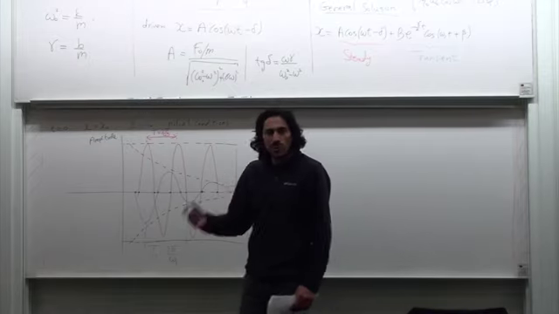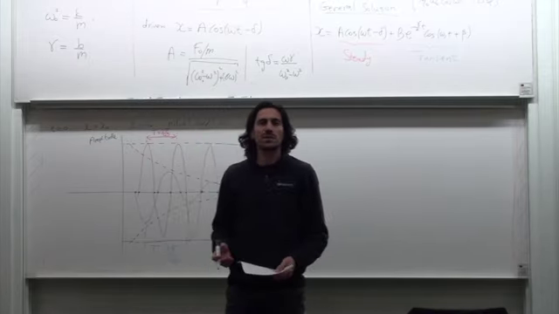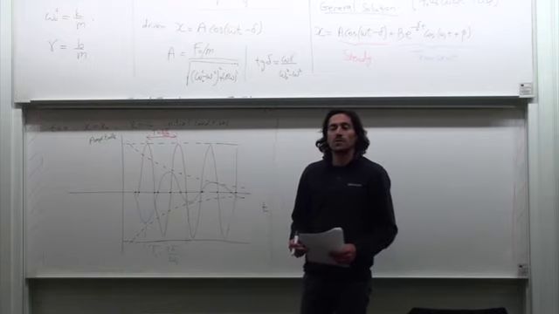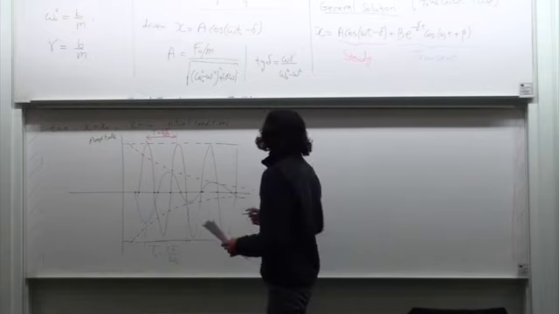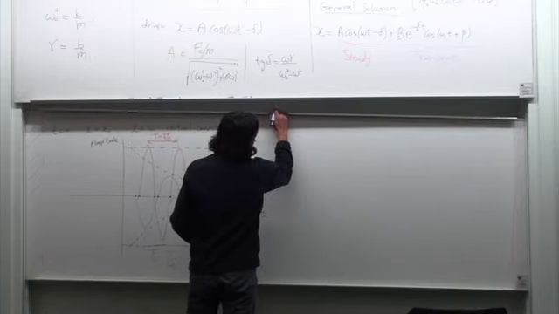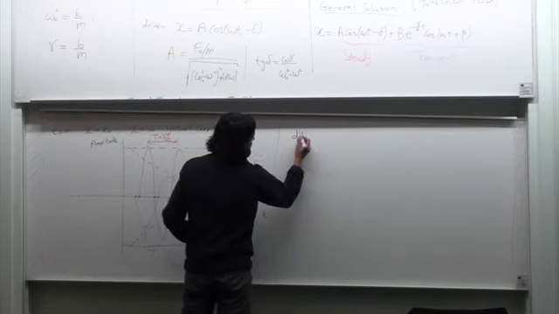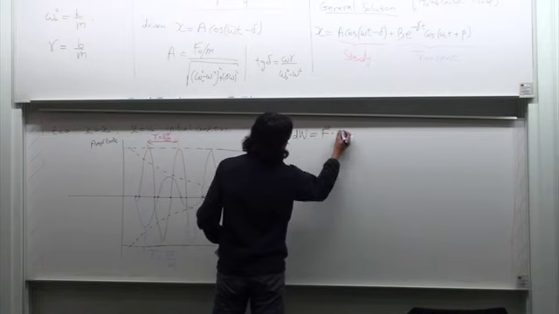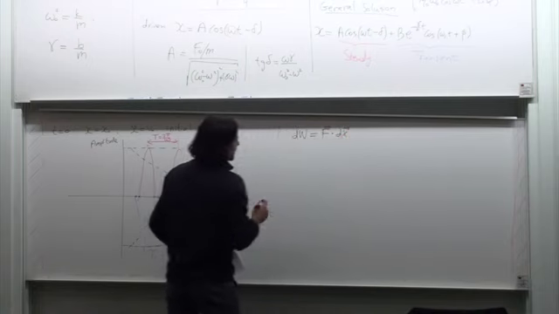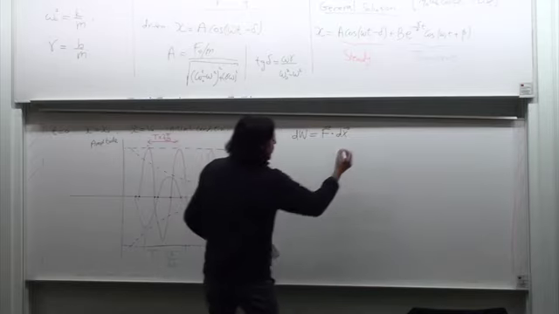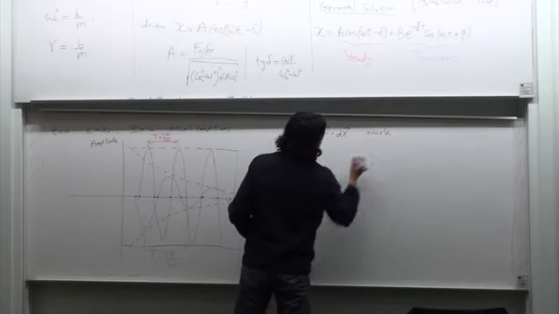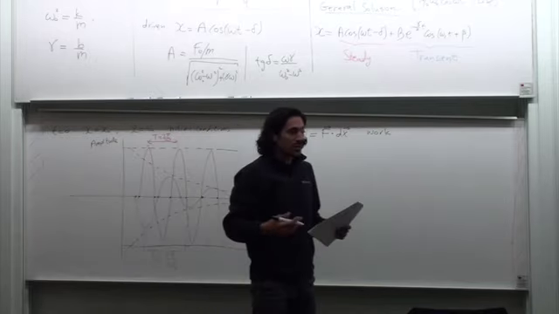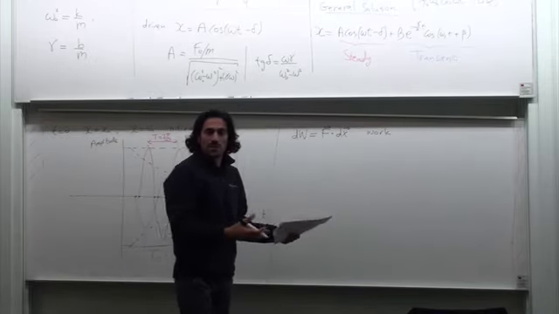Alright, so we're driving the system, we're putting some energy into the system. So we apply some work dW equals the force dot dx. This is the work. And we are interested in the power, how many joules we put in the system per second.